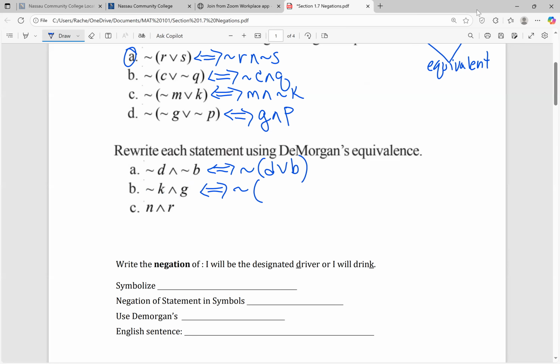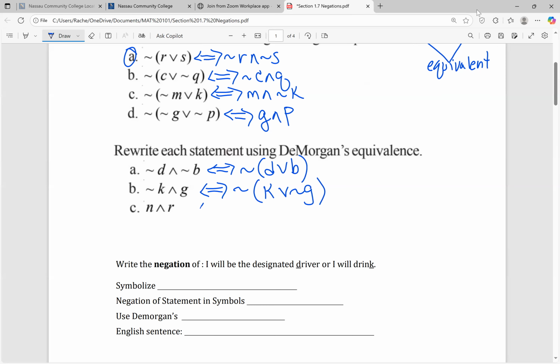So not K is going to be K. We have, or, and then G becomes not G. So we have not K or not G.